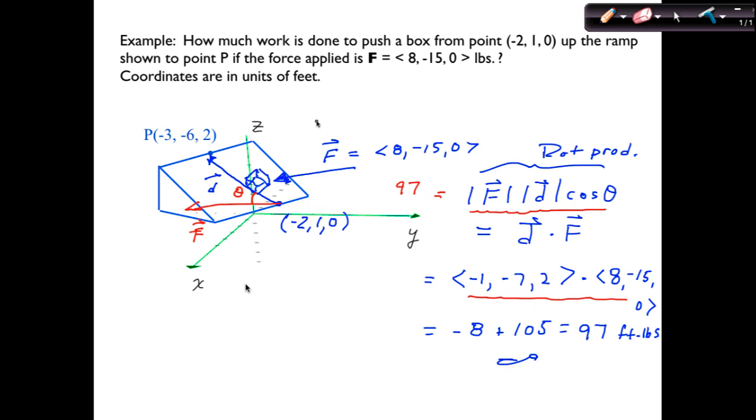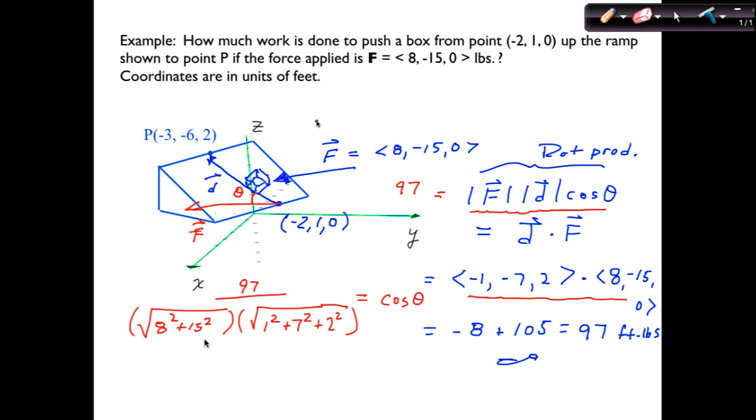So it would be 97 divided by the magnitude of F, and the magnitude of D, and that'll be cosine theta, and theta will be the arc cosine of that whole thing.